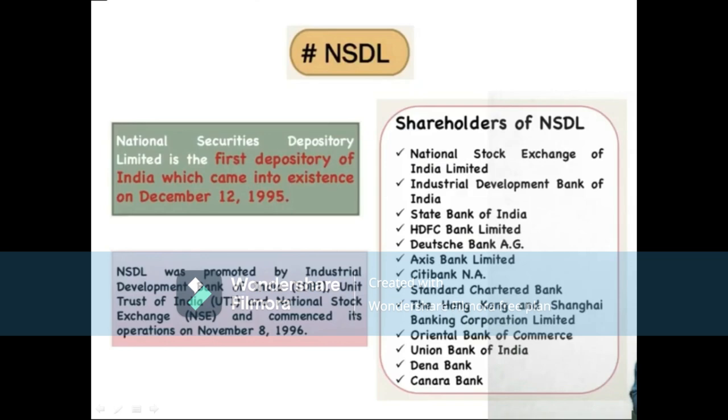National Securities Depository Limited is the first depository of India, which came into existence on December 12, 1995. The Act came into existence in 1996, and before that NSDL came into existence. NSDL was promoted by the Industrial Development Bank of India, known as IDBI, UTI, and the National Stock Exchange.